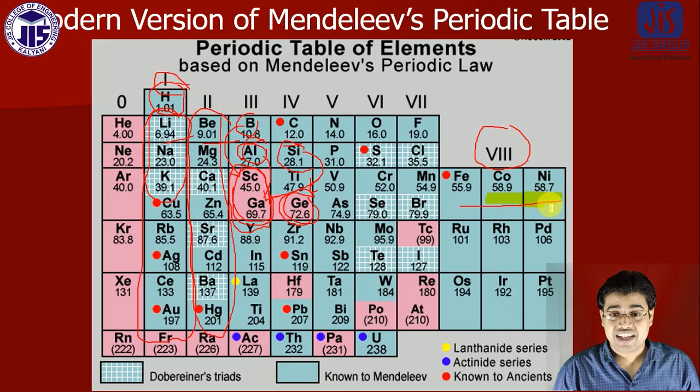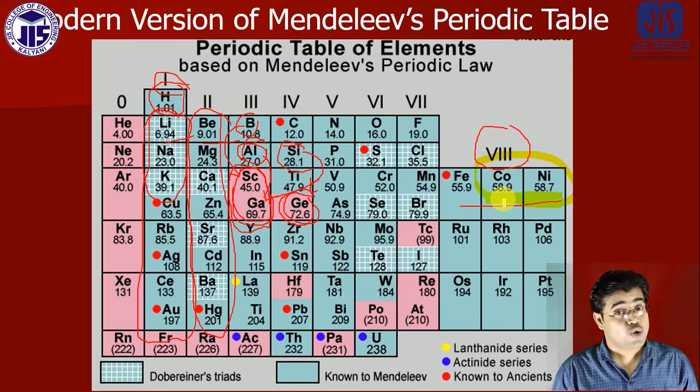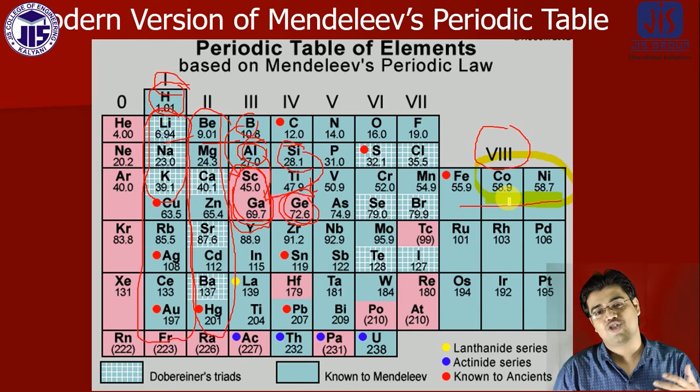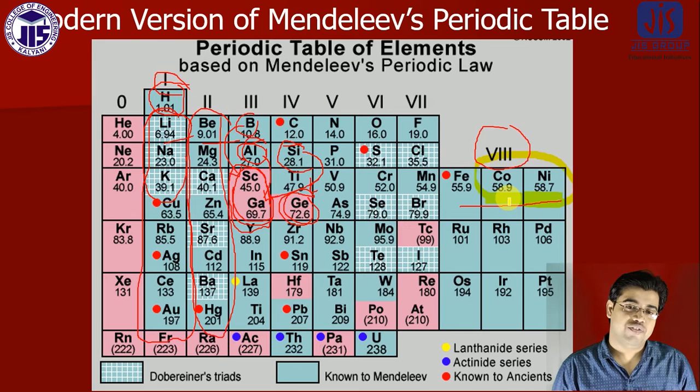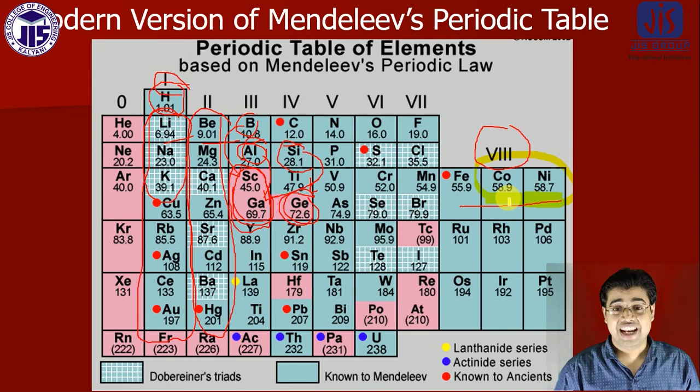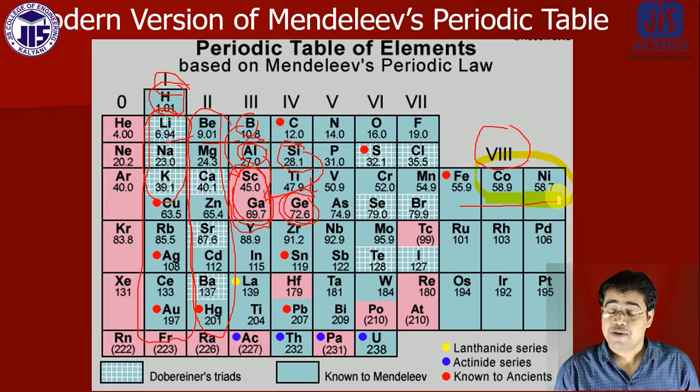Cobalt should be after nickel, because the atomic mass of cobalt is 58.9, but it was placed before nickel, whereas the atomic weight of nickel is 58.7. So that is the first drawback.